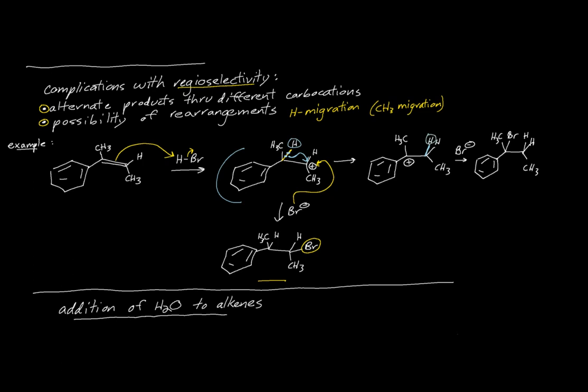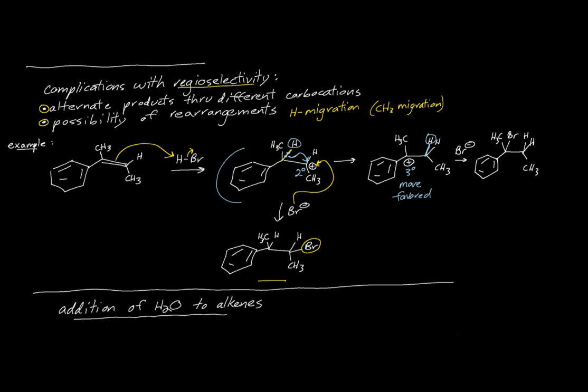That's that hydrogen. And now that has left a plus charge here. Notice we've gone from a secondary carbocation to a more favored tertiary carbocation. So that's the driving force for this hydrogen migration.